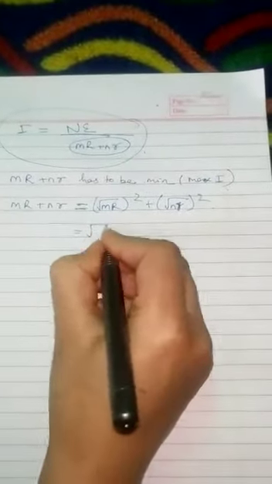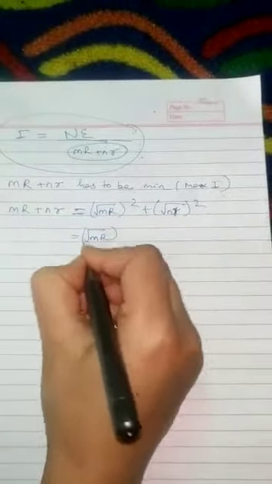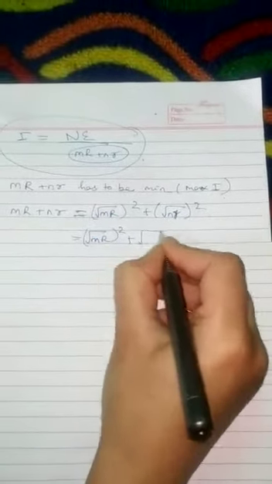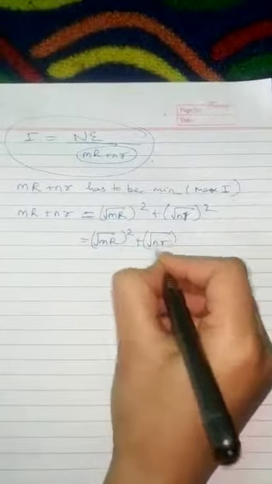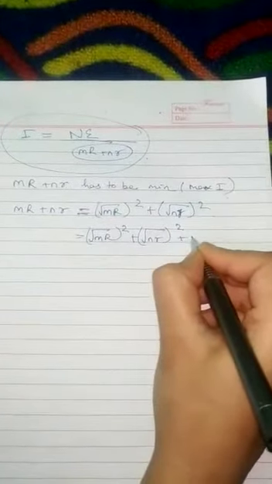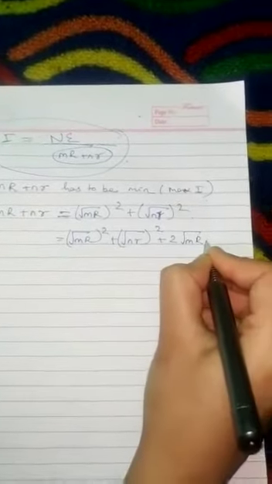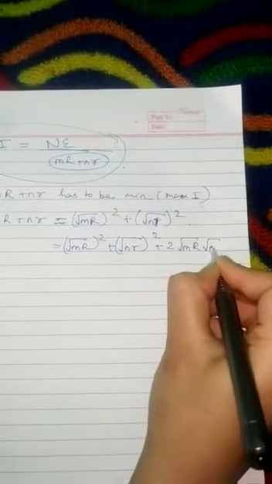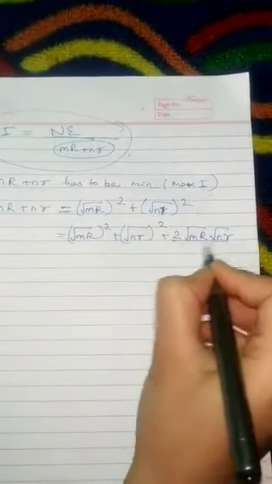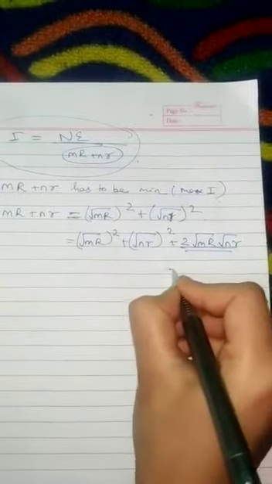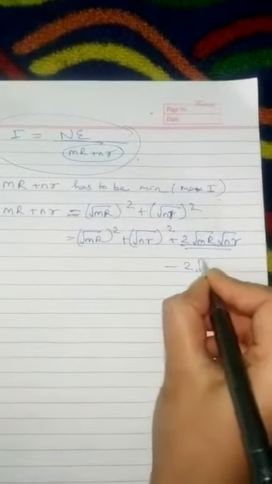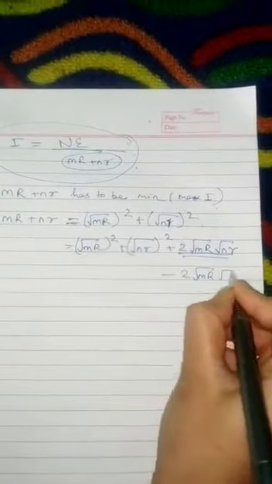Now, under root MR whole square plus under root NR whole square plus 2 under root MR under root NR. This is an extra term I have added here, so I will just subtract it to nullify the effect: 2 under root MR under root NR.